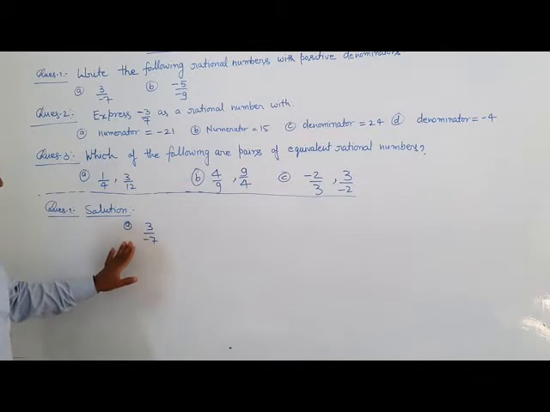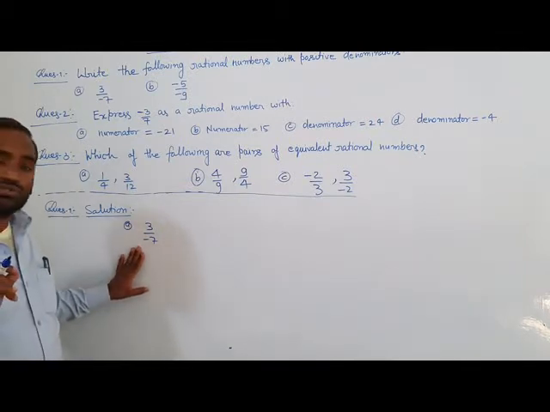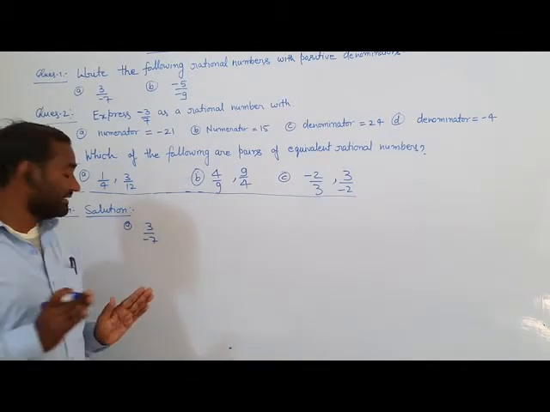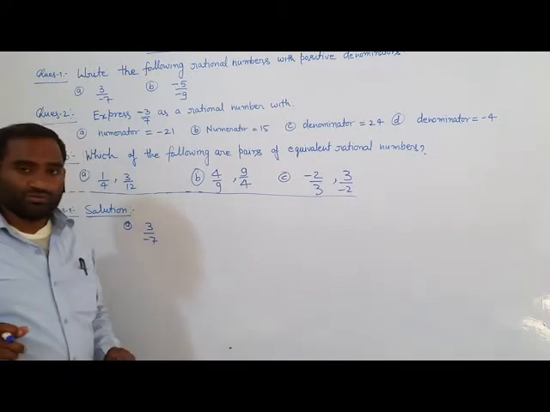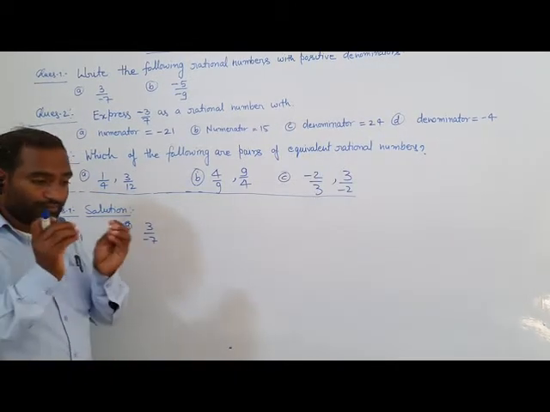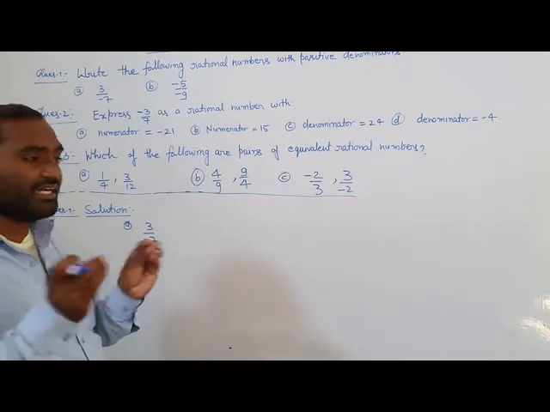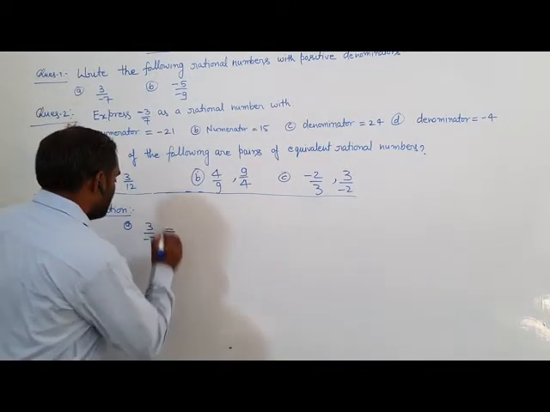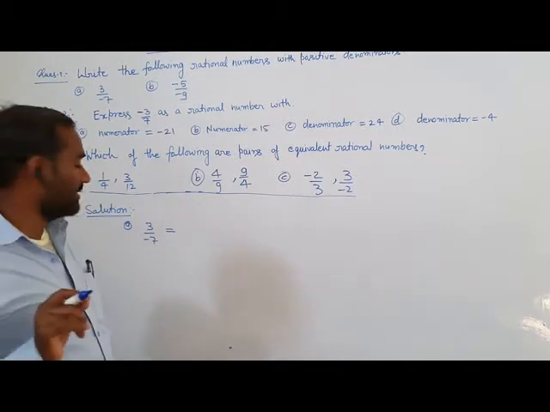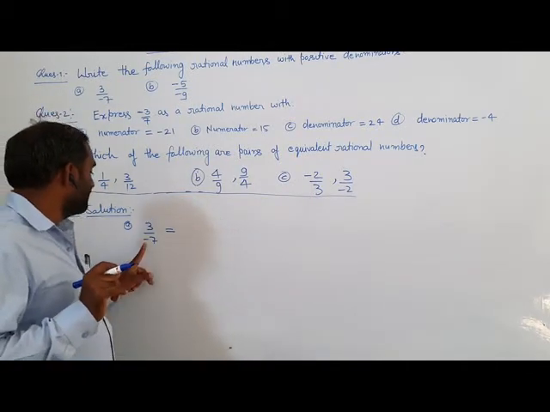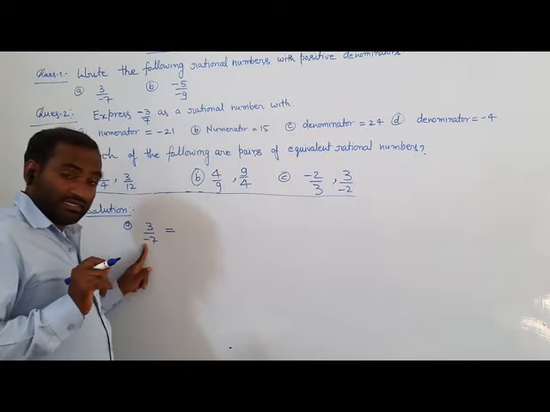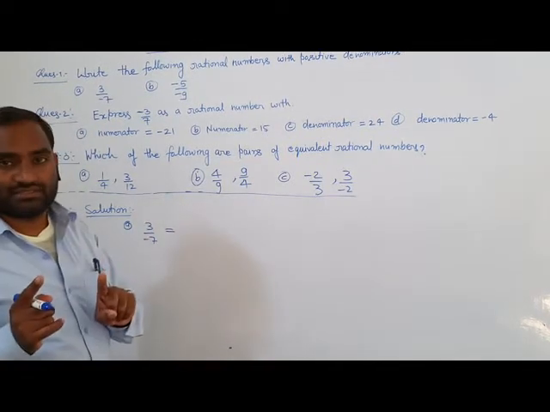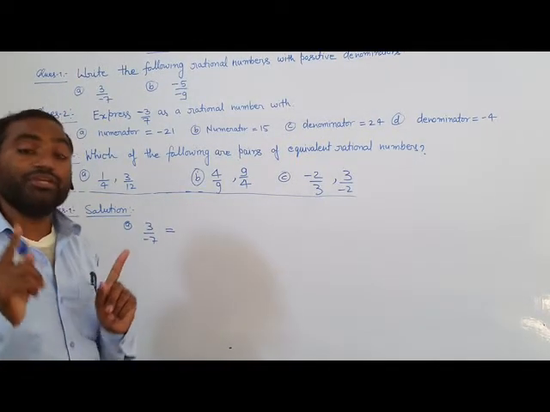Here denominator is negative. So if you have to change it positive, we know that the multiplication of same sign is positive, because if you multiply minus into minus, then it will be positive.